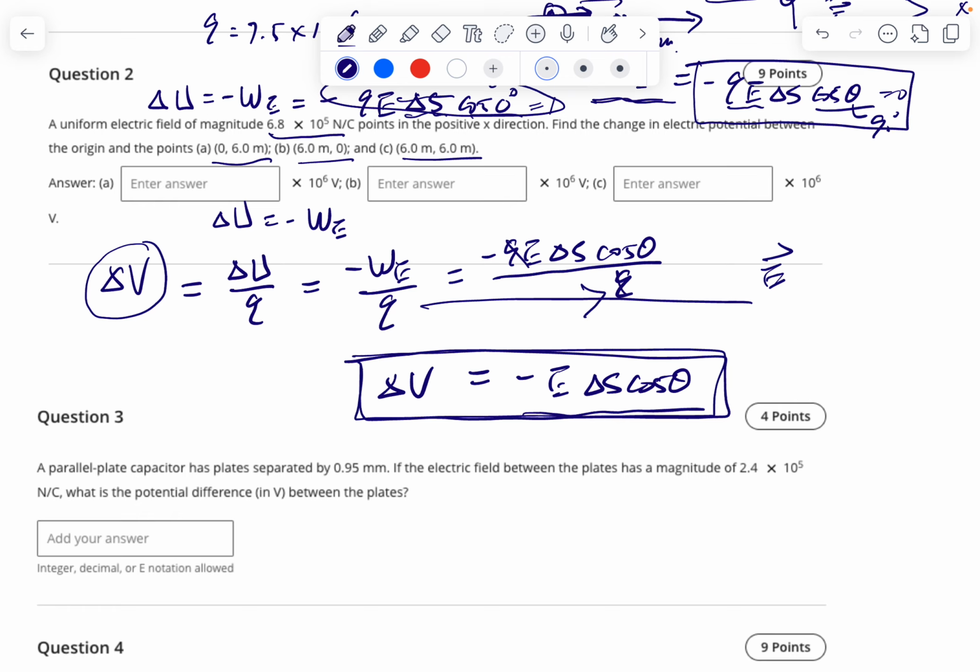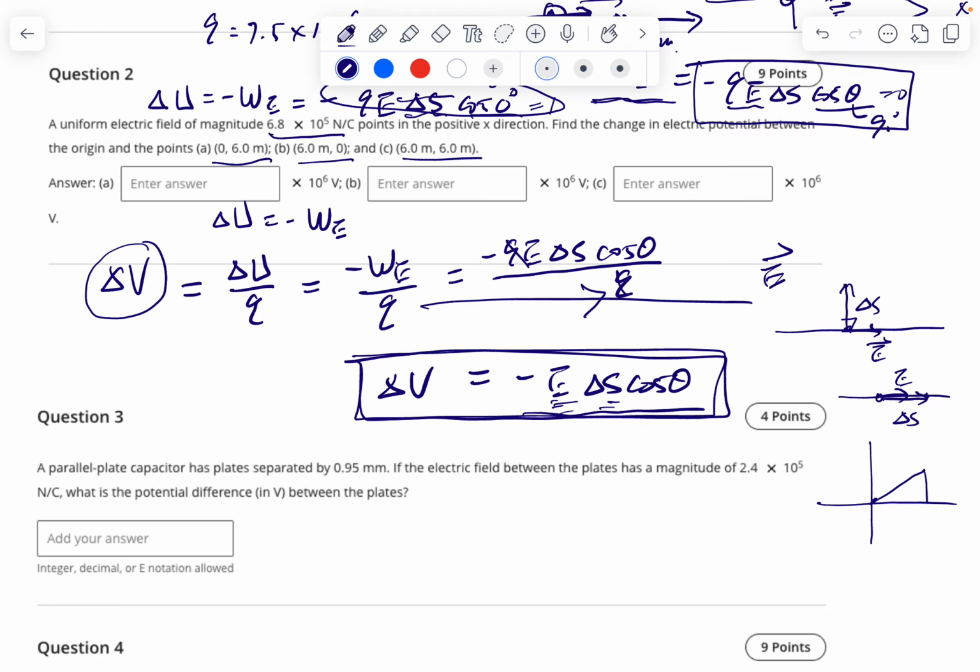Now the scenarios. In the first one, from here to here, this is delta S, and this is the electric field. You see, the field is at 90 degrees. In the second one, from here to here, this is your delta S and this is the electric field, the same direction, so the angle is 0 and cosine 0. The third one is the same thing, from here to here.